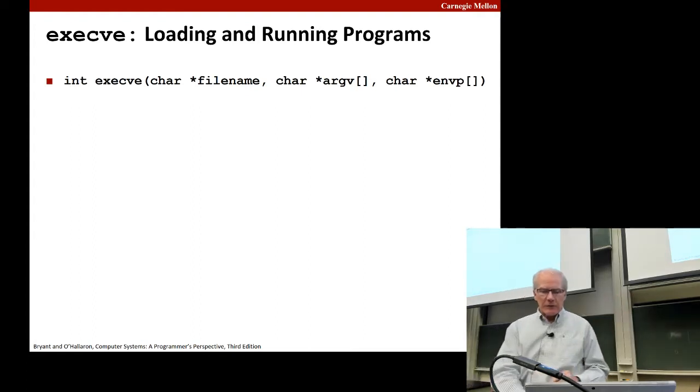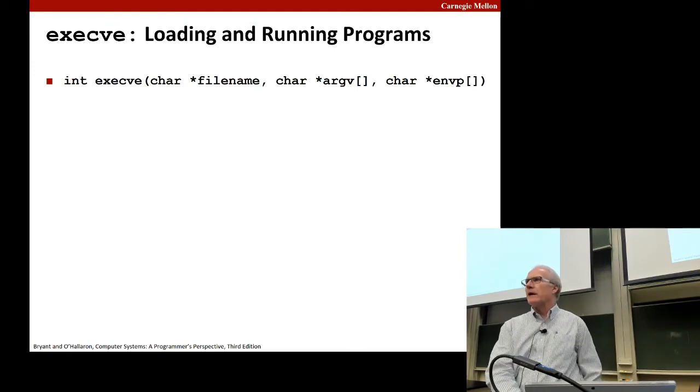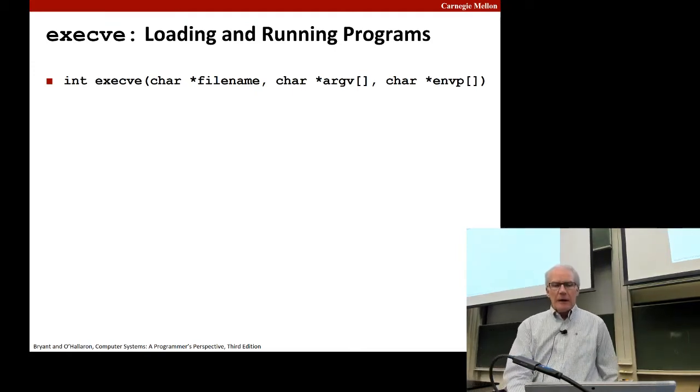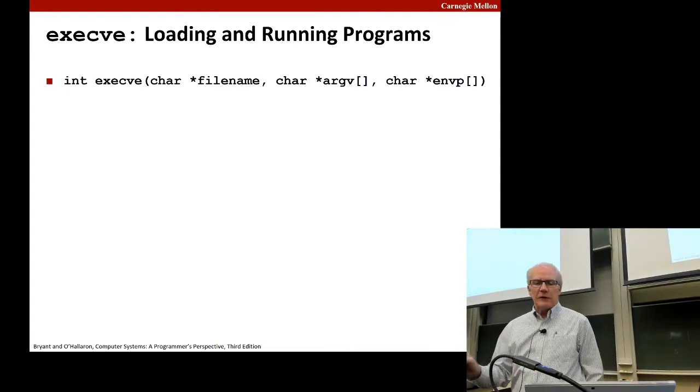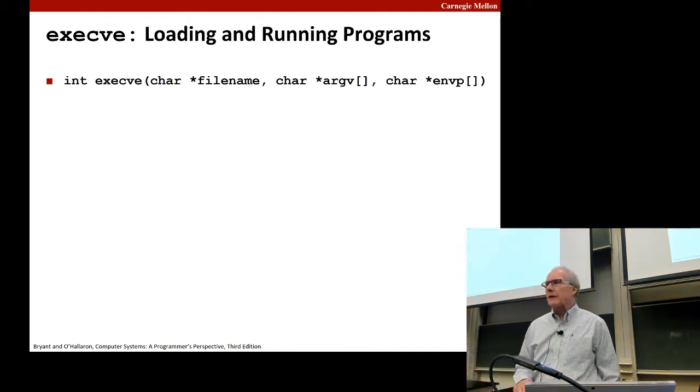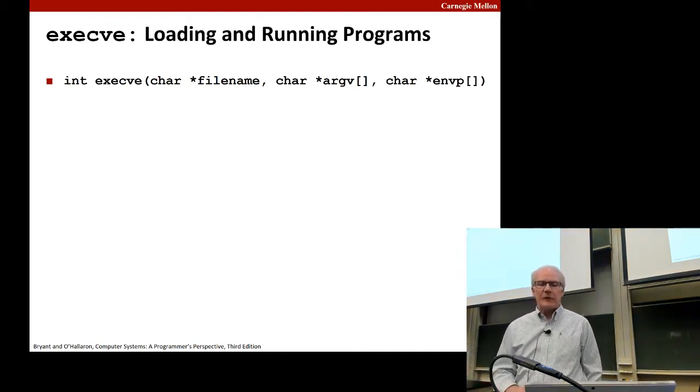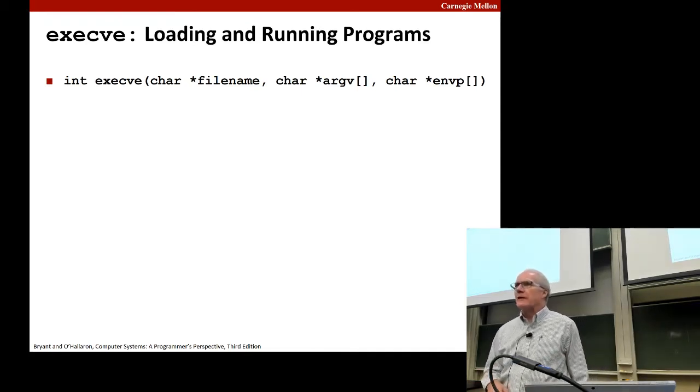It's given the file name, or technically the path name, of a file that contains executable code. And just like you've seen for the main function, it's given the list of arguments that this program is supposed to execute on. And then it's also given a third list, basically an array, of the values of the current set of environment variables for this process.